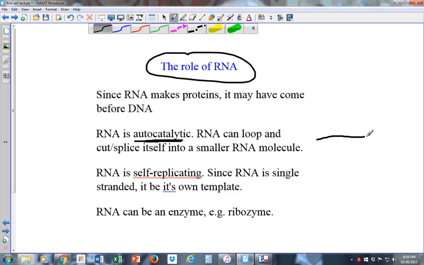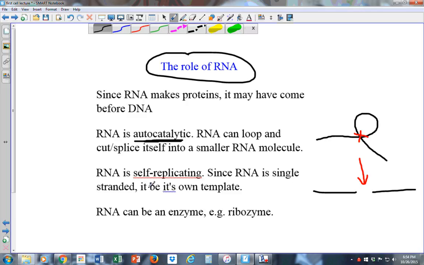RNA can loop around on itself like this, and then it can cut itself. So it cuts itself right there, and therefore it can cut itself into two pieces. It does this on its own. So it becomes two smaller molecules. This is called autocatalytic, the ability to splice itself.